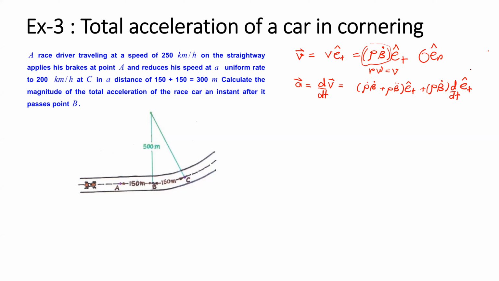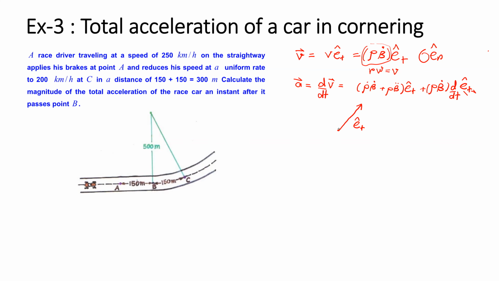And if we talk about the unit vector, in the beginning, the unit vector t goes in one direction, that is the velocity direction.